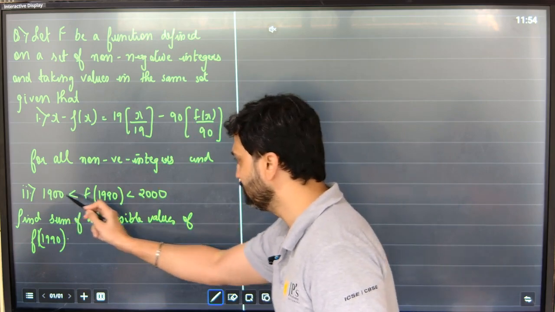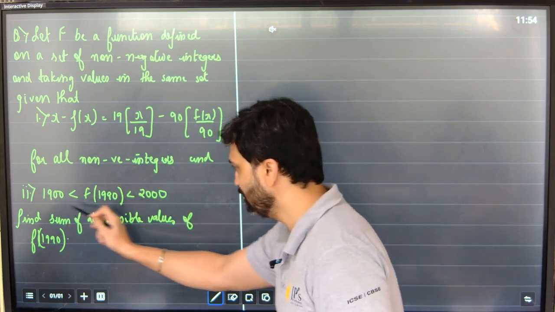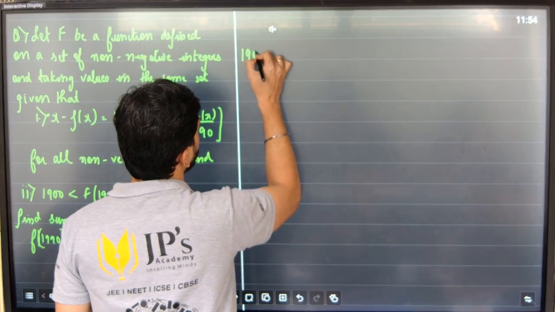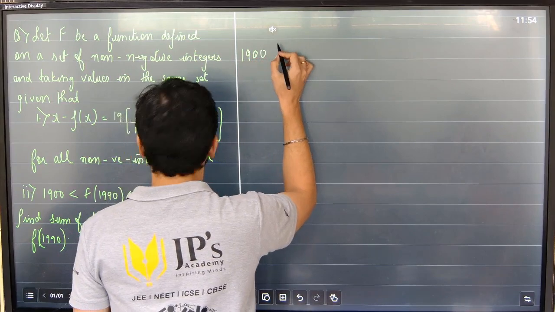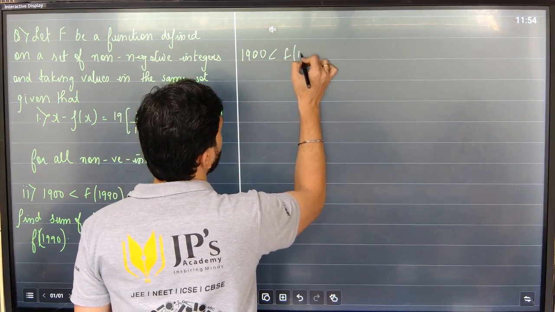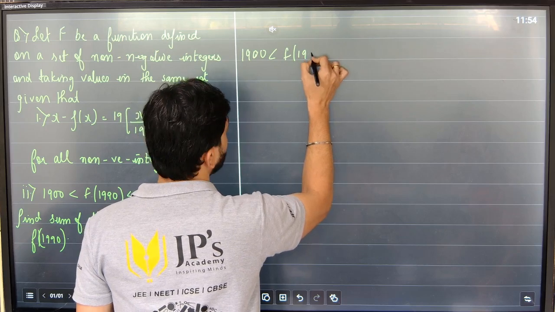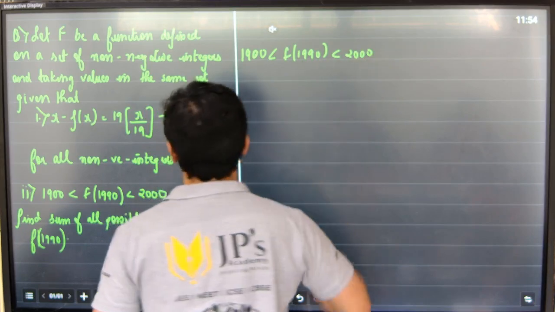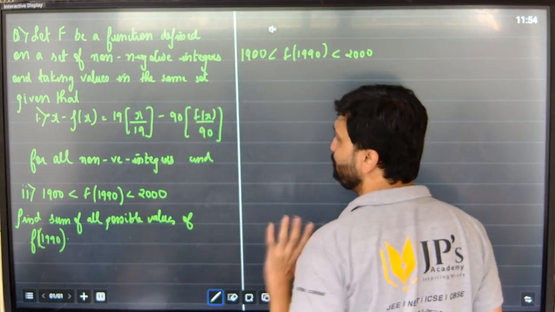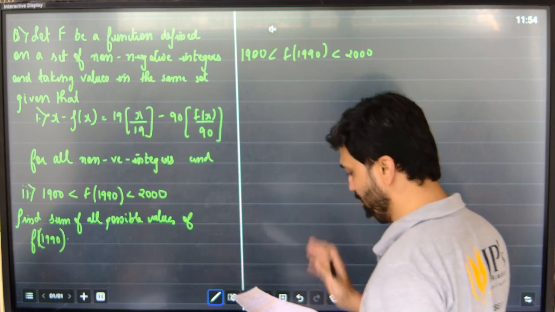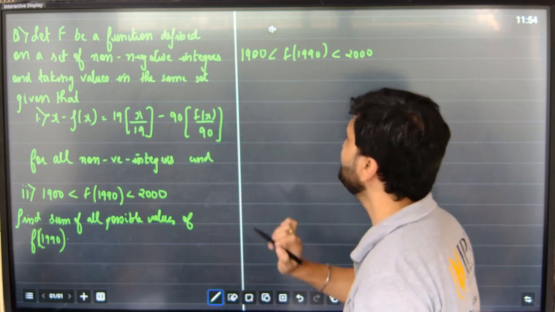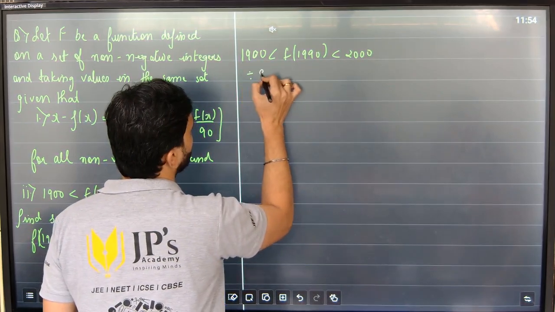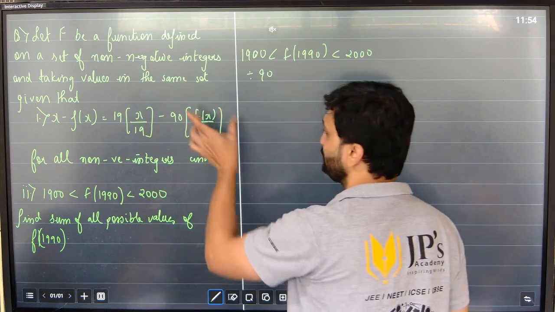First, here what I'll do is take this inequality, 1900 less than f of 1990 less than 2000. To get a common part, I need f of x upon 90, so I'll divide throughout by 90, so that at least I have f of x upon 90.